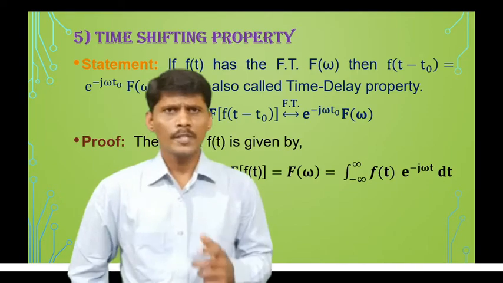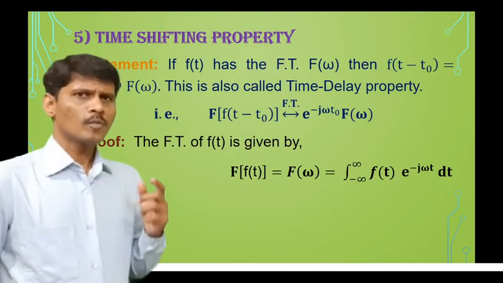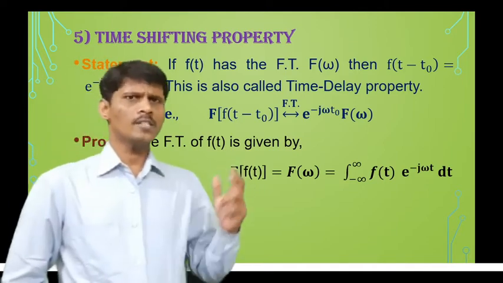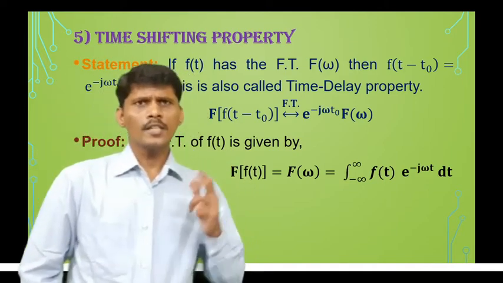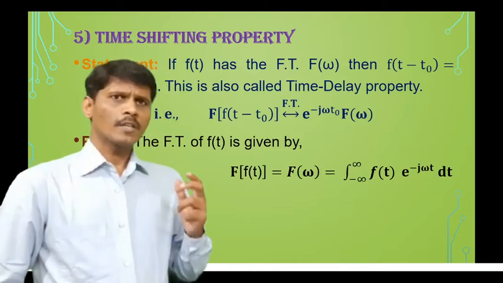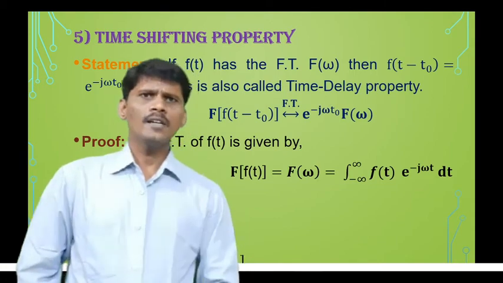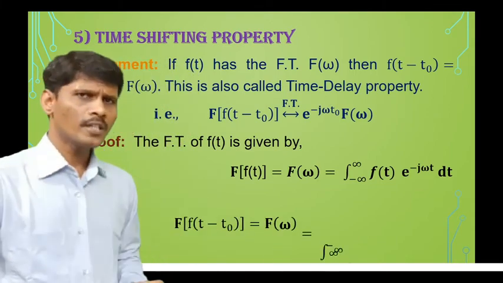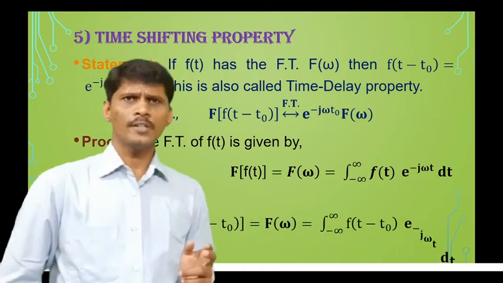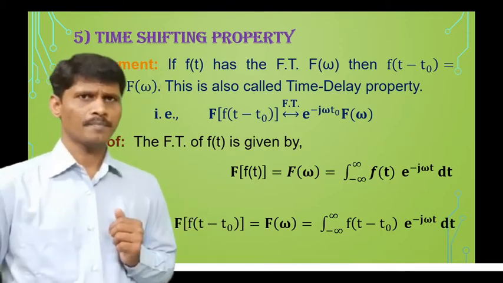Now we want to prove the Fourier transform of f of t minus t naught. Using the definition, the Fourier transform of f of t minus t naught is the integral from minus infinity to infinity of f of t minus t naught into e power minus j omega t dt.